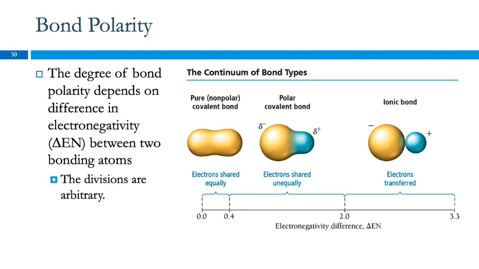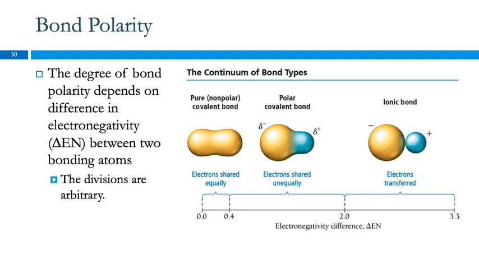Much like many things in life, there's a continuum from this extreme to that extreme. And so we can use electronegativity difference, symbolized as delta EN, because it's a long word and we don't like writing it out. We can look at the electronegativity difference between the two atoms and put them into categories based on that.